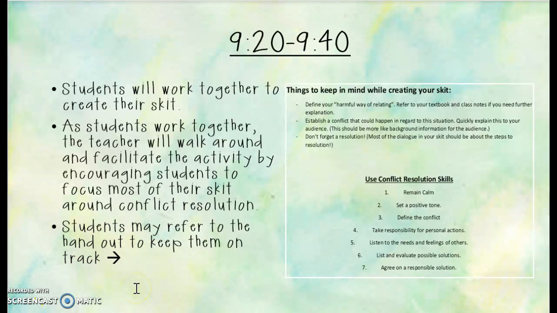And they just tend to be very jealous and domineering of the other friend. And then after they set that up, they can explain how they're going to resolve that issue.